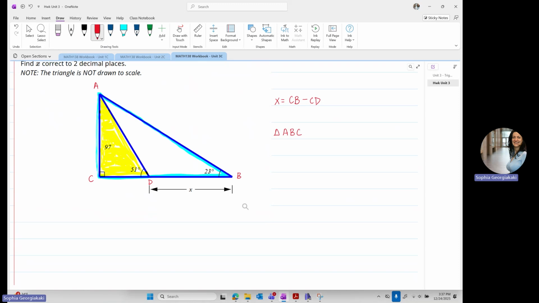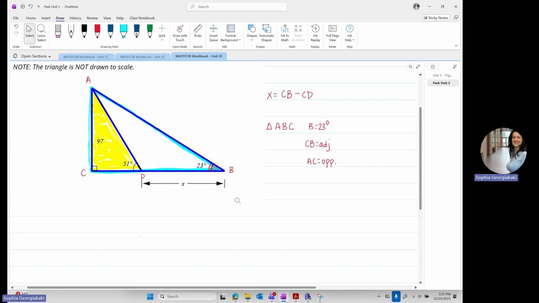And in the triangle ABC, I know the angle B, that's 23 degrees. So I know this angle over here. Then CB is the adjacent. And I also know AC, that is the opposite. So I'm going to use right triangle trigonometry to solve for the adjacent.